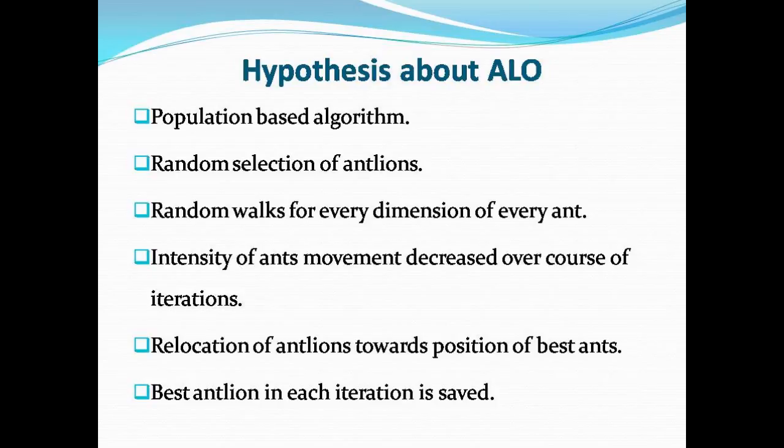Calculating the random walks for every ant and every dimension promotes diversity in the population. Antlions relocate to the position of the best ants during optimization, so promising areas of the search space are saved. The best antlion in each iteration is saved and compared to the best antlion obtained so far.